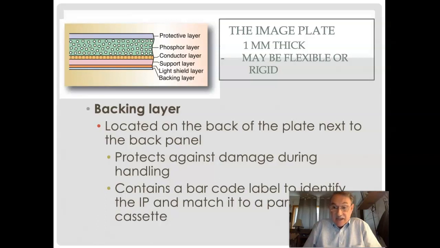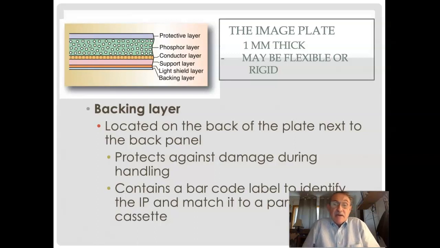This is not to say the handling of we technologists putting the image receptor into the table bucky or behind the patient in the intensive care unit, but the processing of the CR plates is such that the image plate is going to be taken out of the cassette and run mechanically through an image plate reader. And so this backing layer protects against damage during that process.